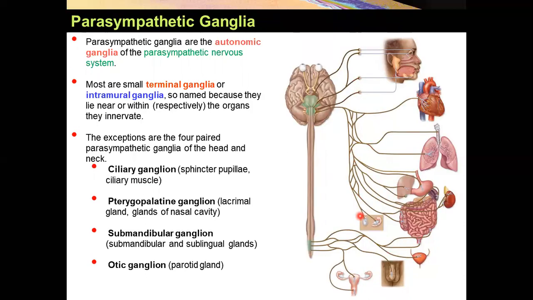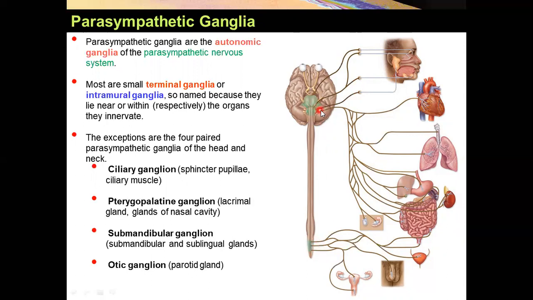Now let's look at the parasympathetic ganglia. These parasympathetic ganglia are the autonomic ganglia of the parasympathetic nervous system. Most are small terminal or intramural ganglia. Now, parasympathetics arise from the lateral horn of the spinal cord between S2 and S4, in other words, sacral parasympathetics.